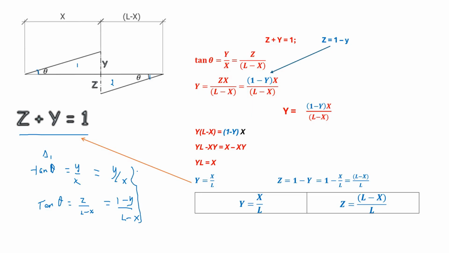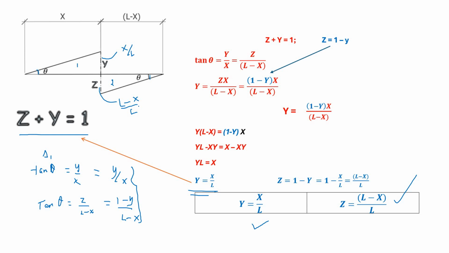If you solve these two equations, you will get y equal to x by L. Now substitute this value of y equal to x by L at this location. From that you will get z equal to (L minus x) by L and y equal to x by L. So this ordinate is x by L and this ordinate is (L minus x) by L. If you substitute the value of x, you can draw the influence line diagram for any arbitrary distance x from the left hand side support.